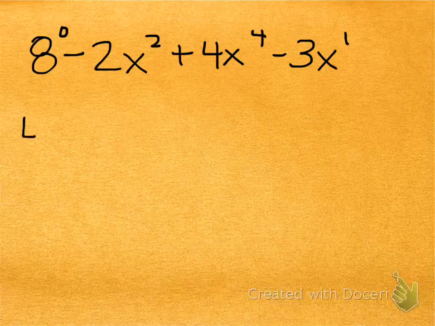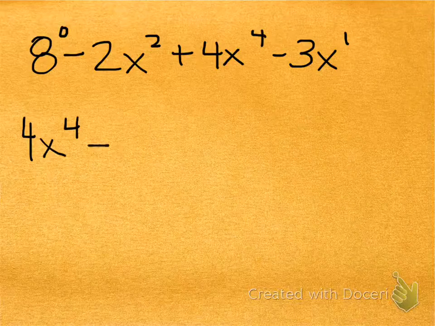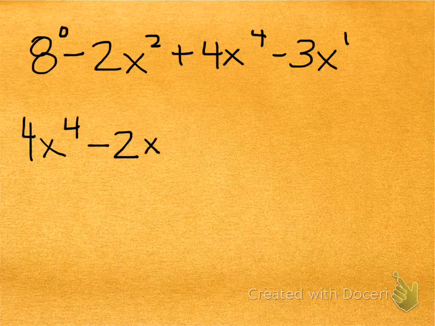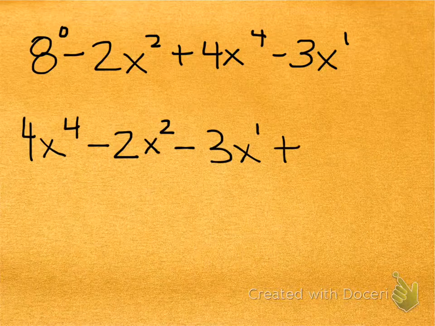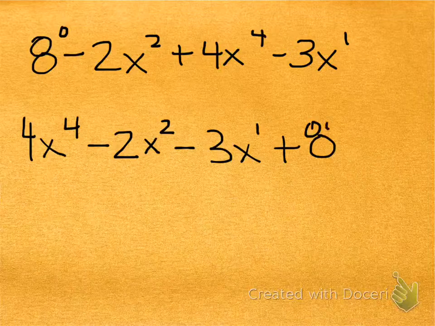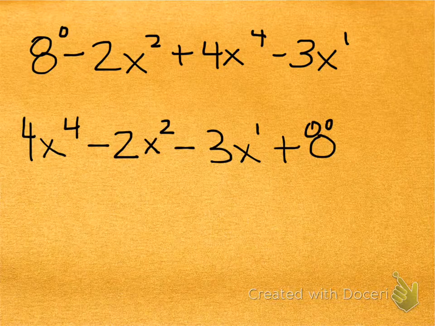So we're going to put it in order, with the 4 coming first, then the 2, then the 1, and finally the 0. So this is put in order from greatest to least, so it's in standard form. The leading coefficient is the first term's coefficient, so it's a 4.